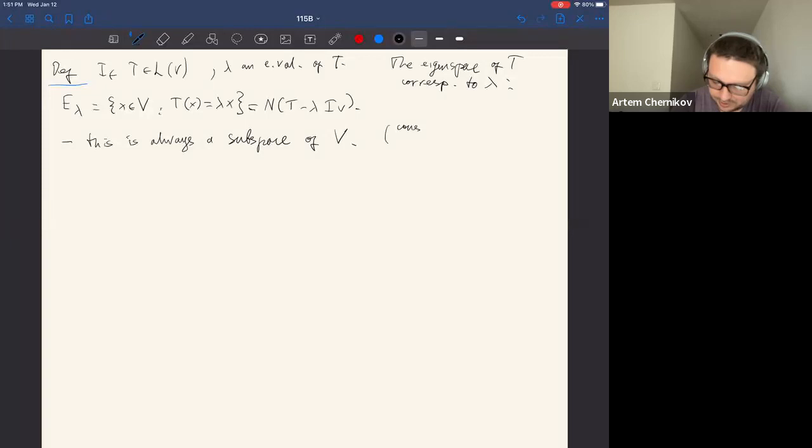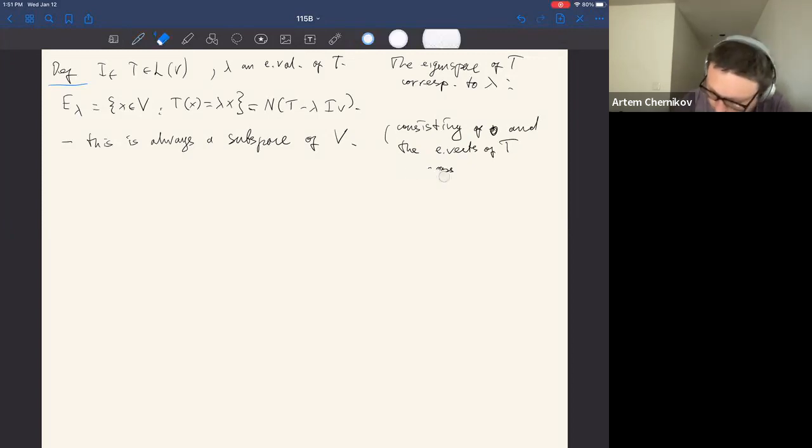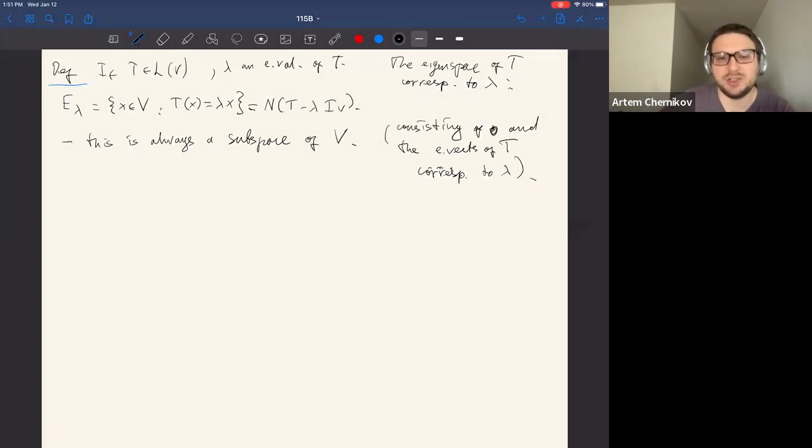It consists of 0 and the eigenvectors of T corresponding to lambda. So these are very special, very important subspaces associated to a given linear operator, the eigenspaces.